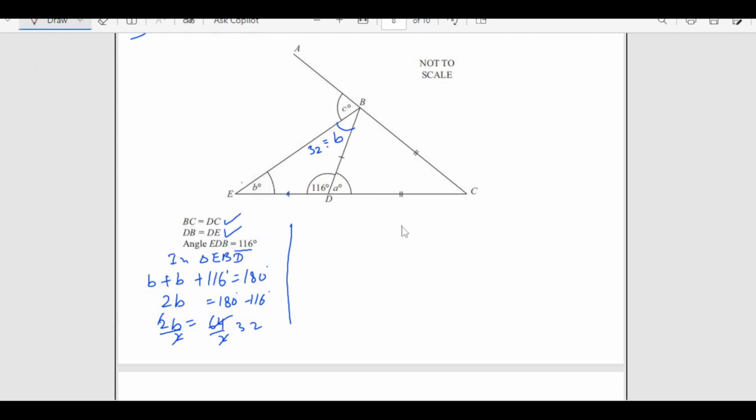This is an angle on a straight line, so A plus 116 is equal to 180, because it's an angle on a straight line. So 180 minus 116.